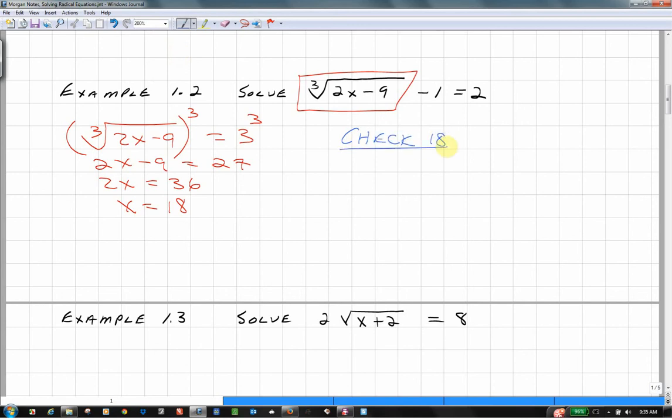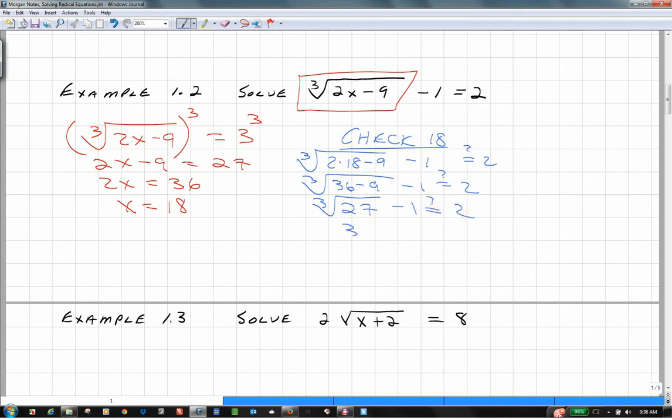Okay, so when I put 18 in there, I'm going to get the cube root of 2 times 18 minus 9, minus 1 is equal to 2. The cube root of 36 minus 9, minus 1 is equal to 2. Is this true? So I've got the cube root of 27 minus 1, is that equal to 2?